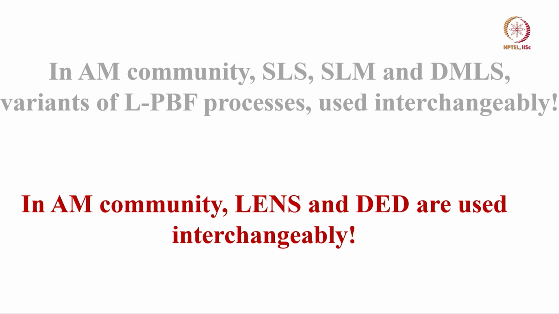What it means is that they mean the same thing, but they are often used under different names by different researchers. So, I will come back and continue on the overview of the additive manufacturing processes in the next class. Thank you.